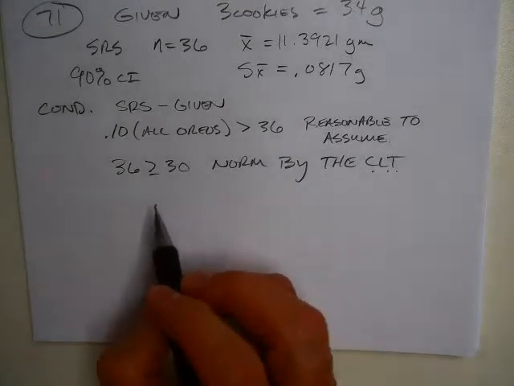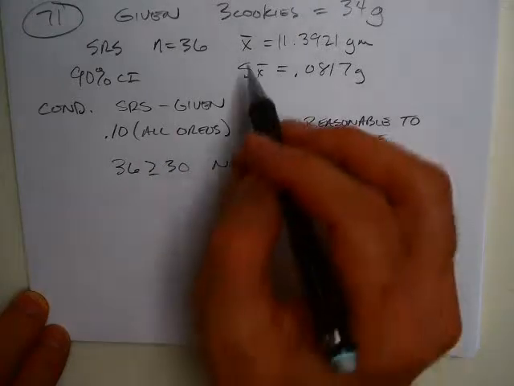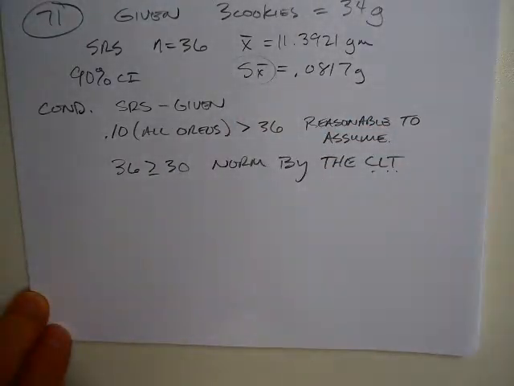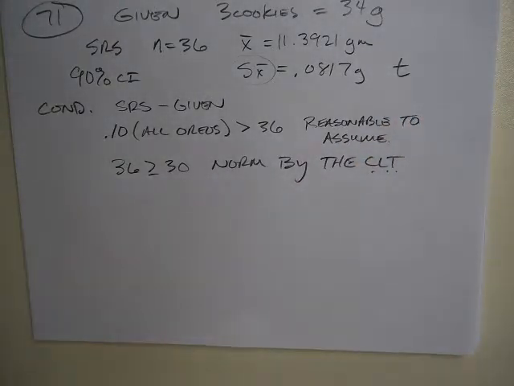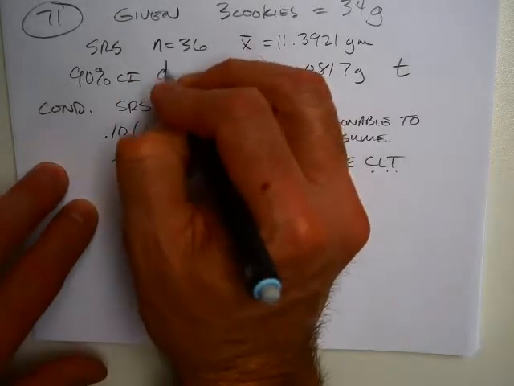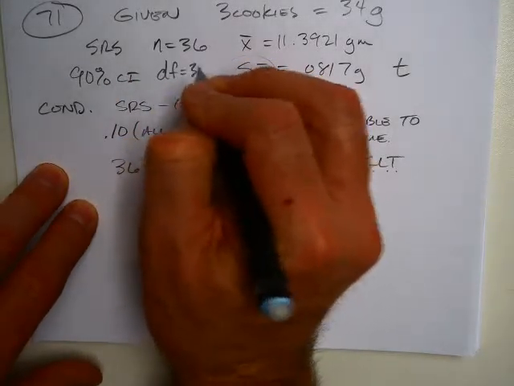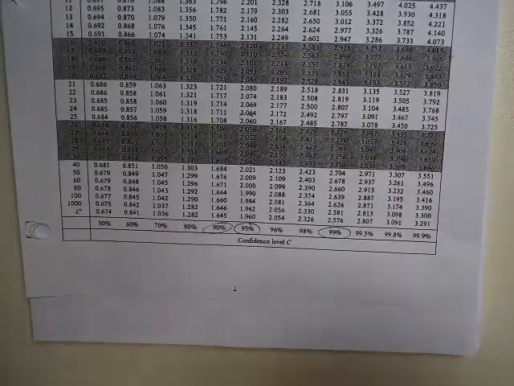So what I'm going to do is, since we have Sx, I need the t star value for this. Let's look that up. So my sample size is 36. What's my degrees of freedom? 35. Good. See, I told you that was easy, right? So then I'm at 90% confidence interval. I'm actually going to do something fun here.